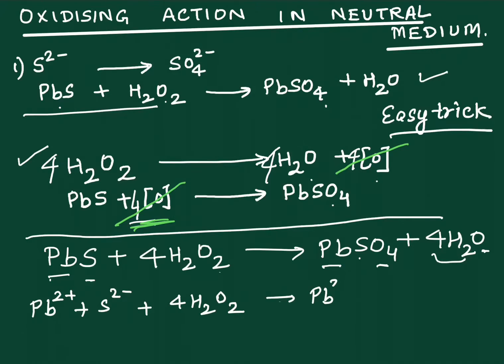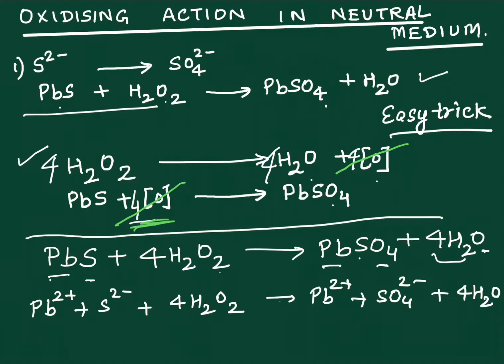Pb 2 positive, SO4 2 negative, plus 4H2O. Cancel out the common ions and the equal ions. What you are left with is the final ionic equation. Isn't that simple? So you've learned the molecular as well as the ionic equation.